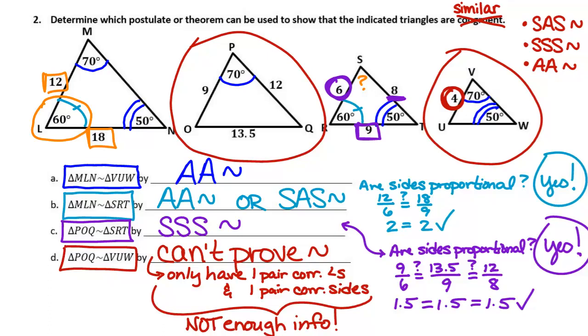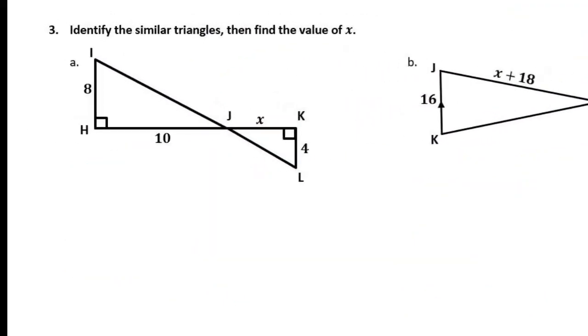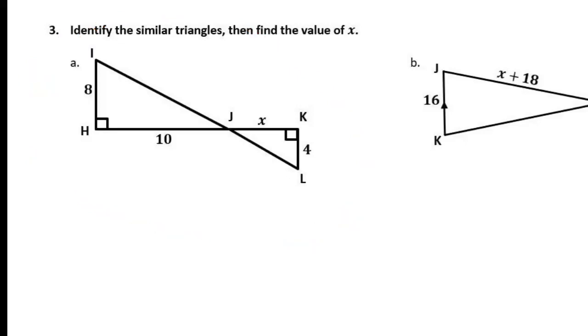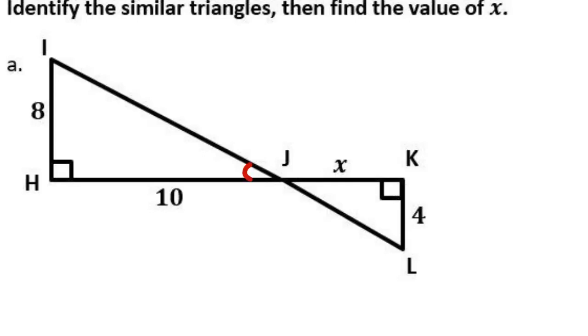All right, on number 3, we've got two parts, A and B. These triangles are similar. We have to write the similarity statement and determine why they're similar. On part A, is there anything I'm allowed to mark that's not there already? Vertical angles. We can always mark our verticals.